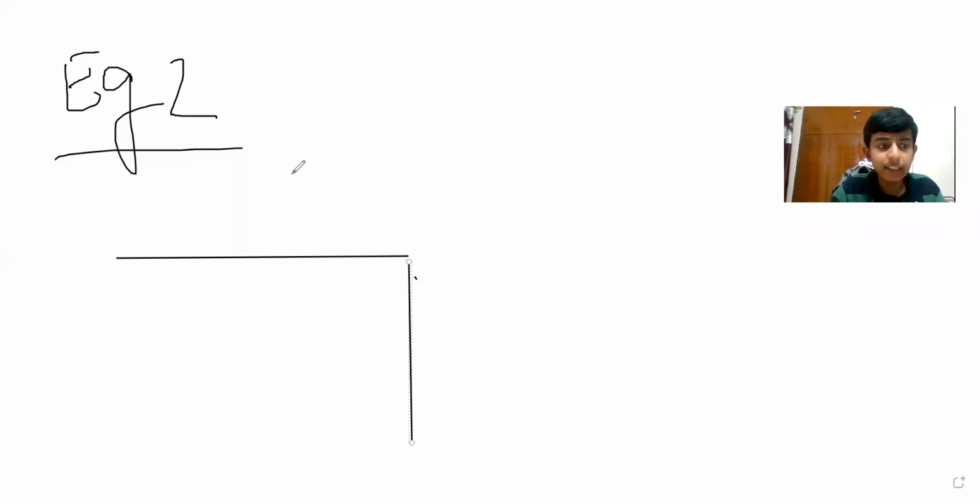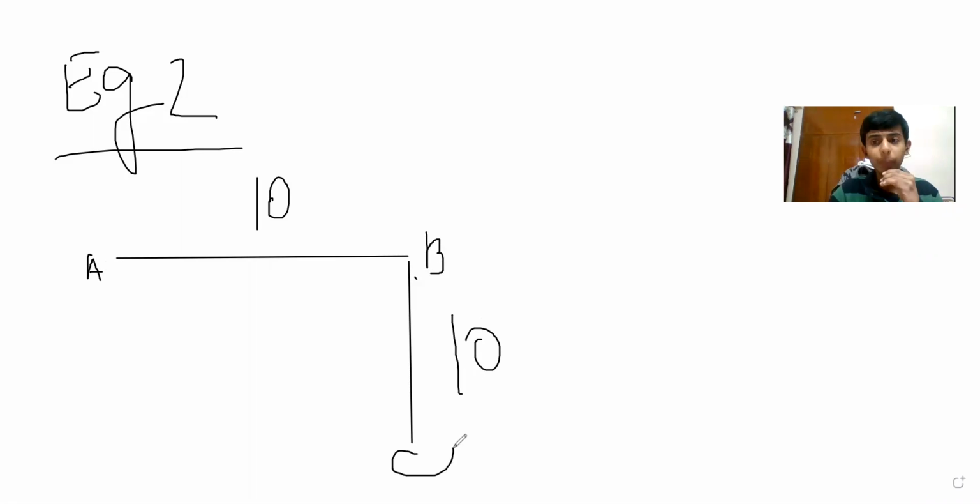Now I can say that this portion is 10 meter, this portion is 10 meter. This is point A, this is B, and this is C. Now in this figure, we need to tell what the distance is and what the displacement is.